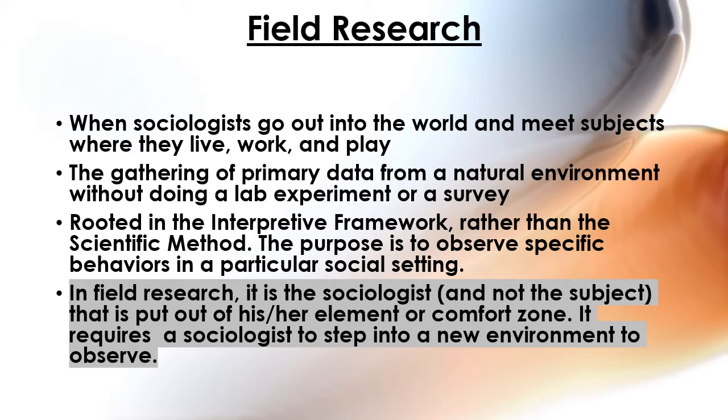This type of sociological research is usually utilized by constructivists. Instead of using the scientific method, field research is rooted in what we call the interpretive framework. The purpose of this type of research is to observe specific behaviors in a particular social setting.